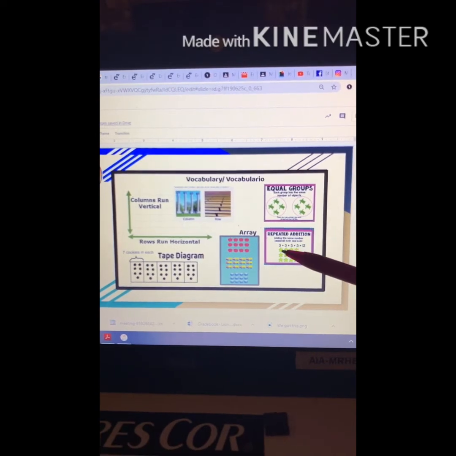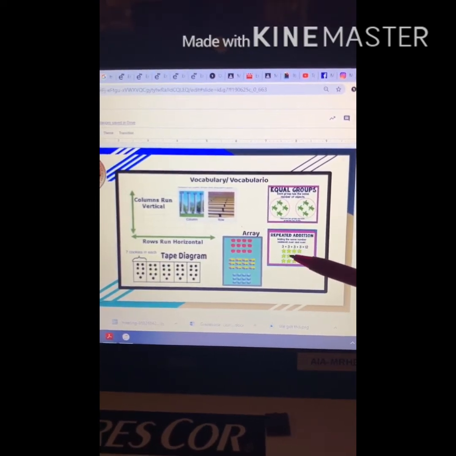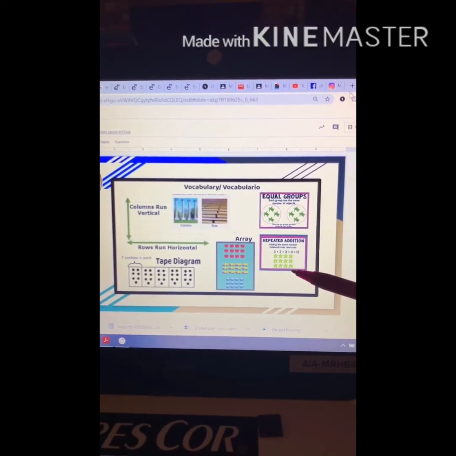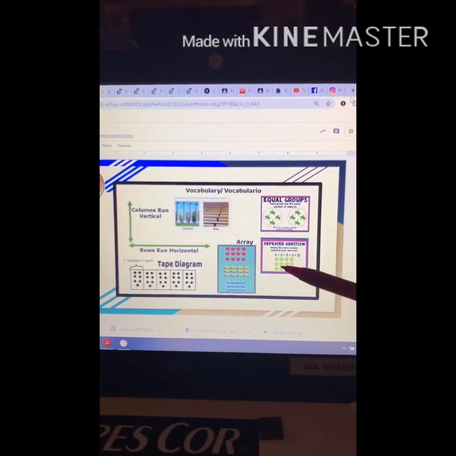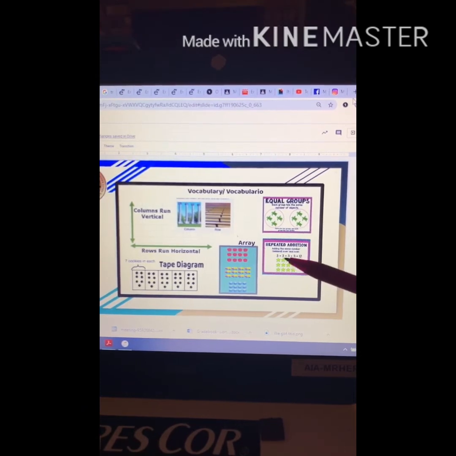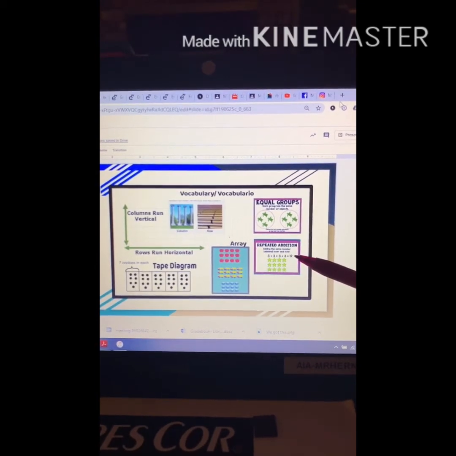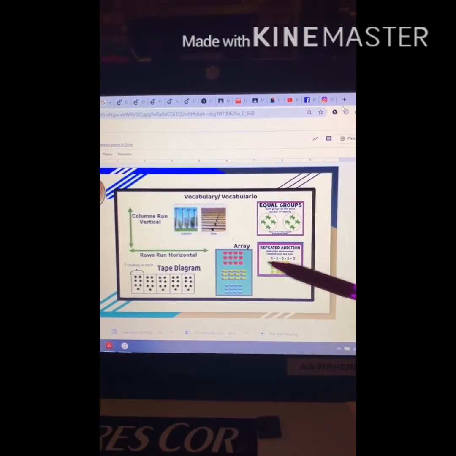So here we have 1, 2, 3, 1, 2, 3, 1, 2, 3, 1, 2, 3. So if we add all the columns together of our objects, we do 3 plus 3 plus 3 plus 3 gives us 12. And this is our repeated addition.